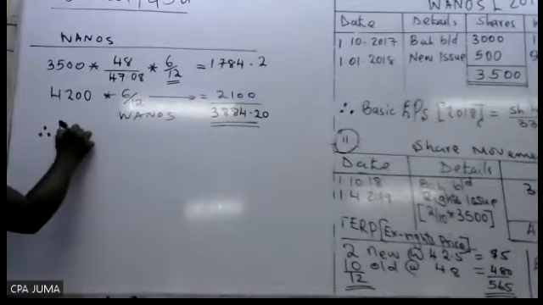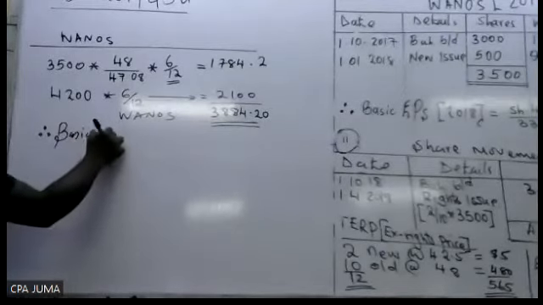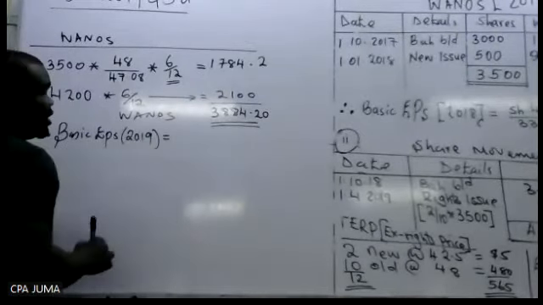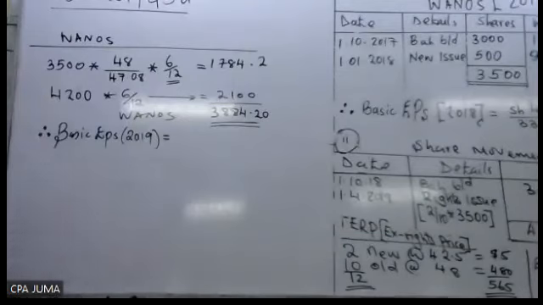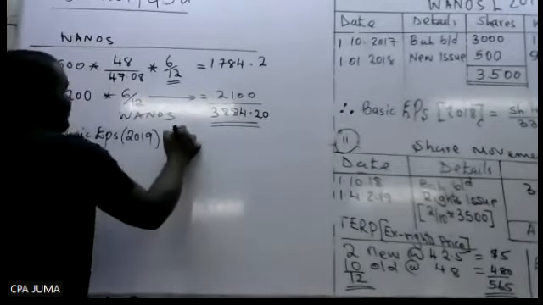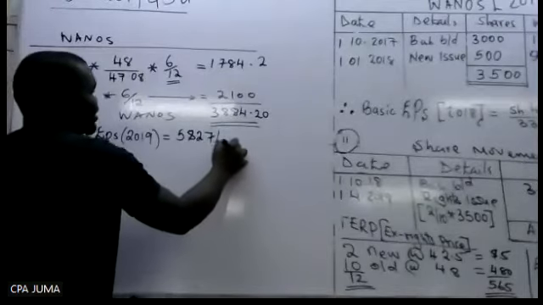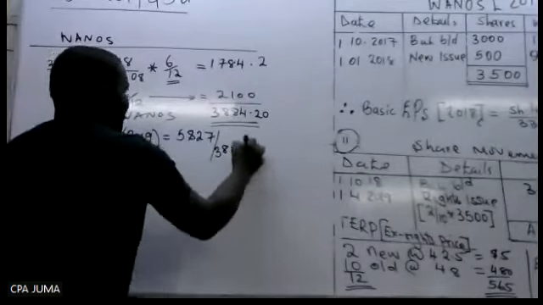Therefore, basic EPS 2019 will be, what was the profit? 58.27 divided by 38.84.2.